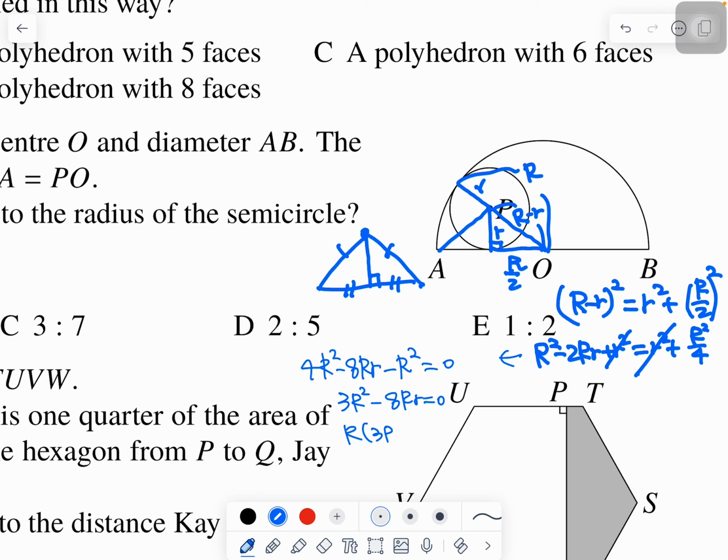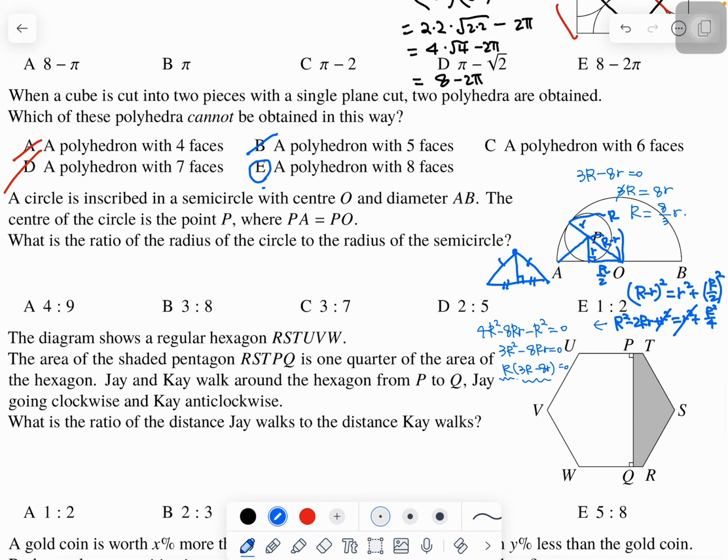So 3R squared minus 8Rr equals 0. R is a length, so it cannot be 0 in this case. So we can see this is the expression to make it 0. So 3R equals 8r, so r equals 3 over 8 R. But the question is the radius of the circle to the radius of the semicircle.